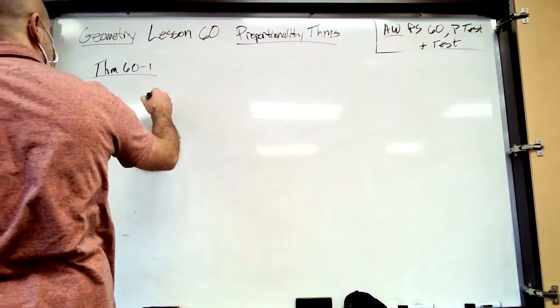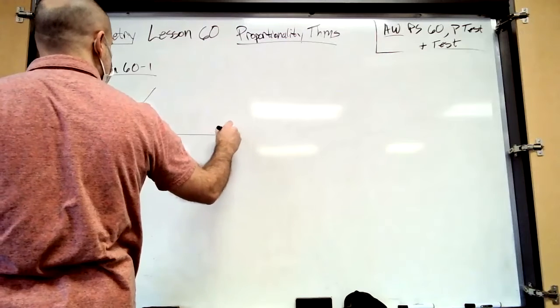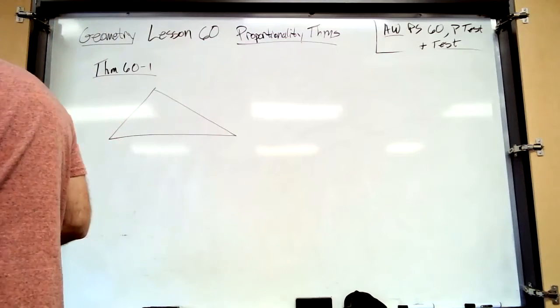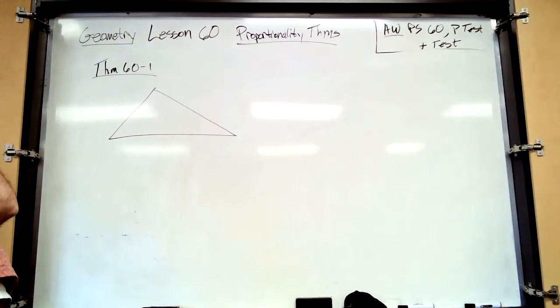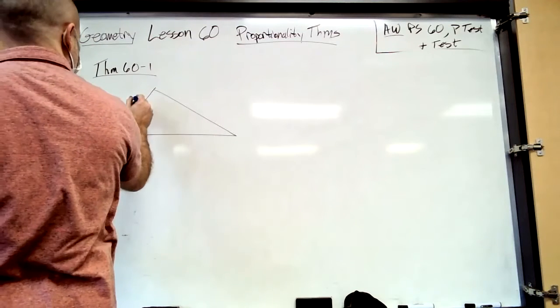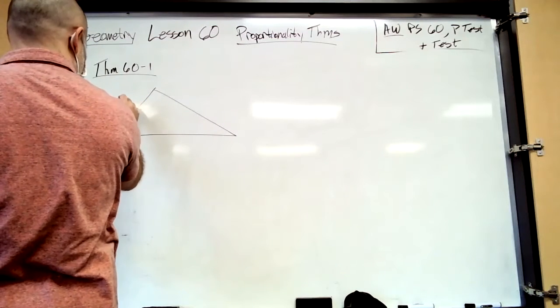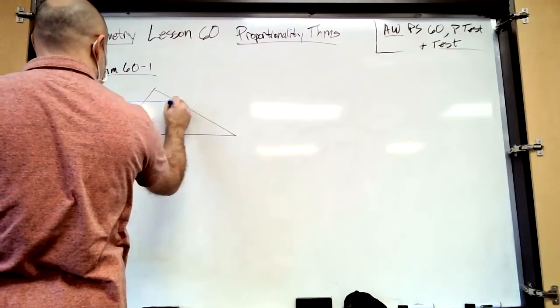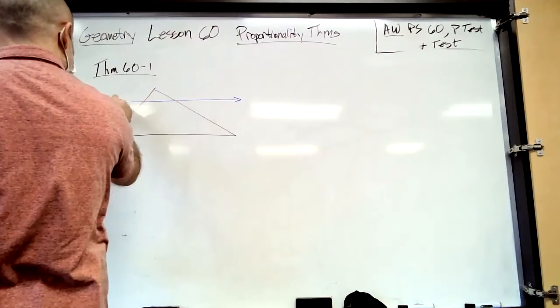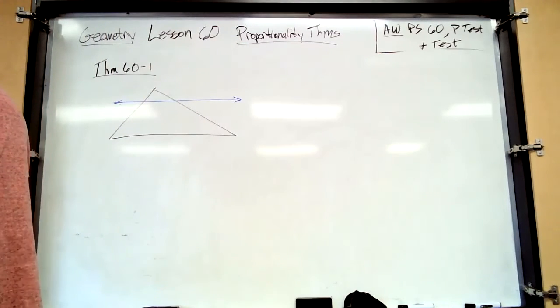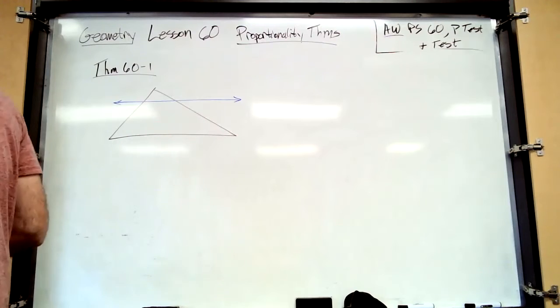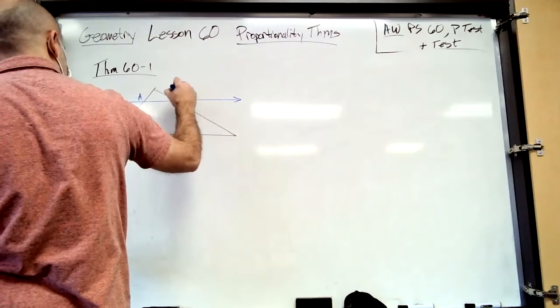Okay, so here's a triangle. I'm not even going to bisect it, I'm just going to intersect it. So here's the line that intersects those two. We'll call it AB.